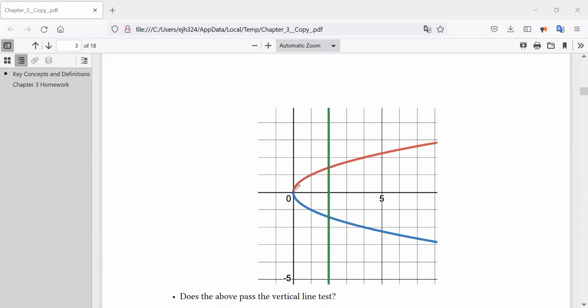But if I'm only considering the red, or only the blue, then this would be a function because it would only go through one blue point or one red point. Does that make sense? I think it makes sense. Cool. This red one is f of x equals the square root of x, and this one we'll call g of x equals negative square root of x, in case any of you are curious.